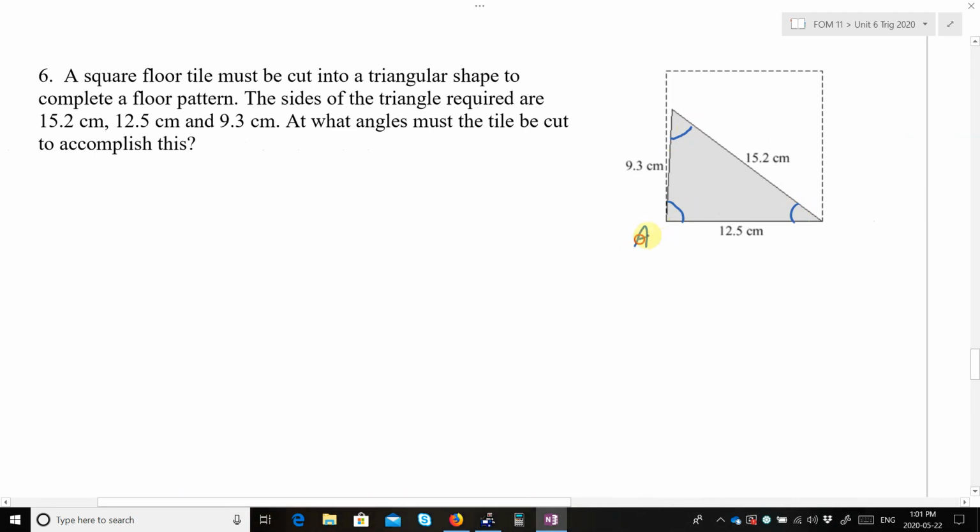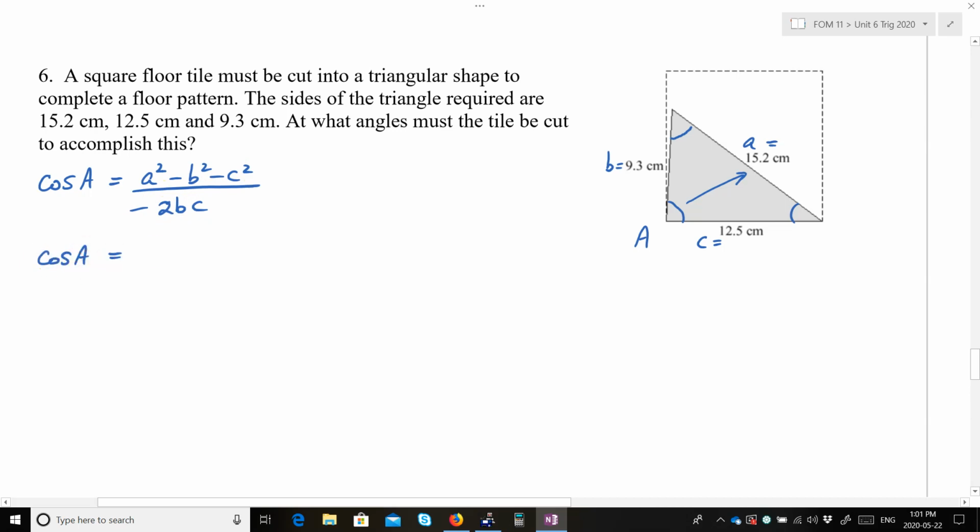Maybe we could find this angle first, and then that side would be labeled A, and then this would be B and C. And so remember, the formula for cos A is A squared minus B squared minus C squared divided by negative 2BC.